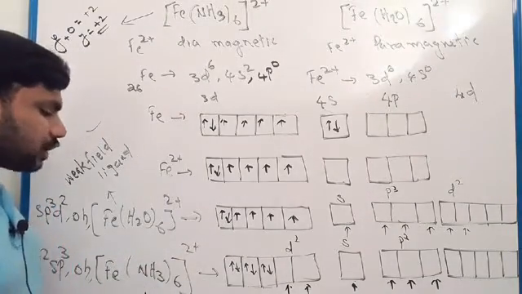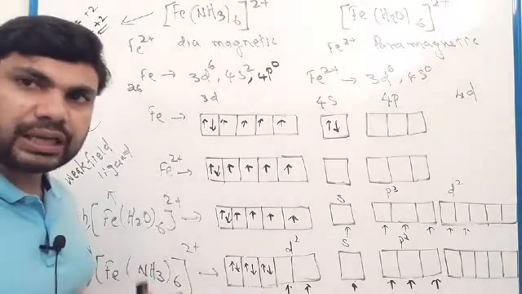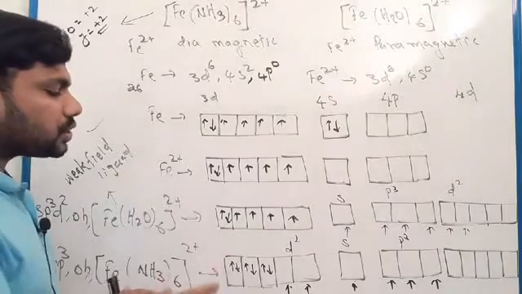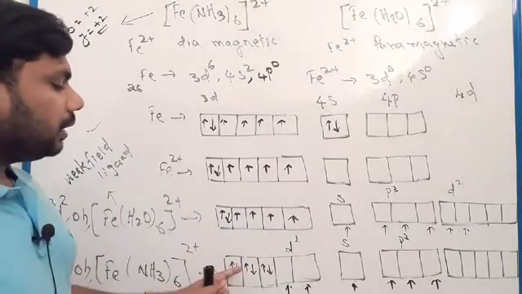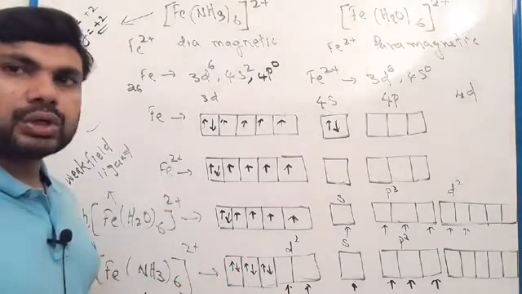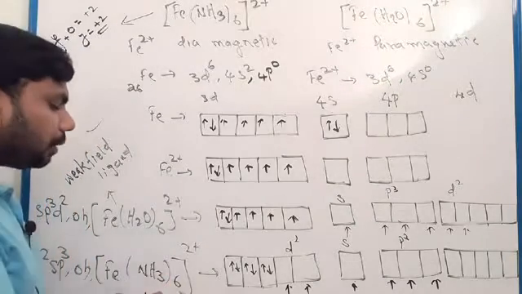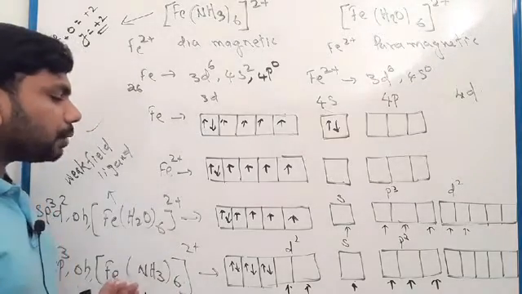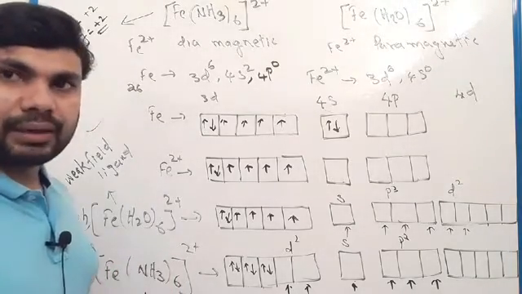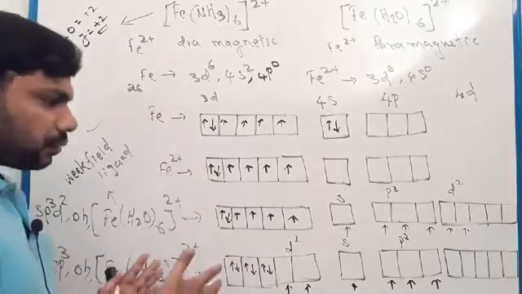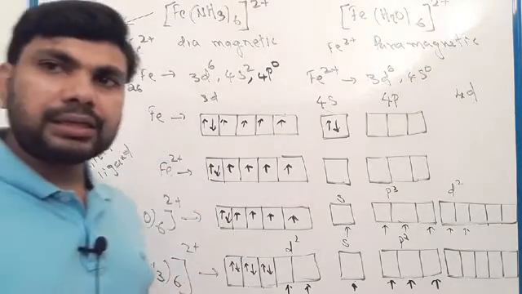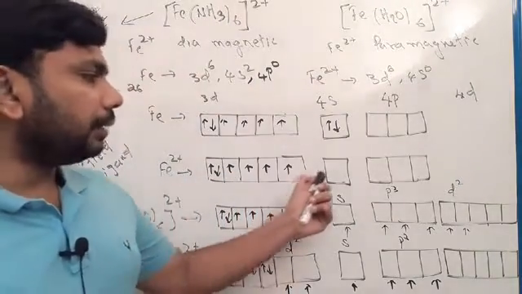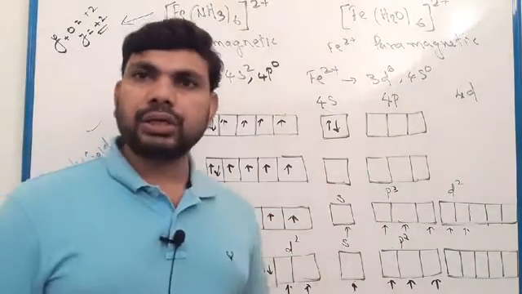But NH3 is a strong field ligand and pairing occurs. Because of pairing, there are only paired electrons, so this coordination compound [Fe(NH3)6]2+ shows diamagnetic behavior. Based on this you can find paramagnetic and diamagnetic properties, and also their hybridization and structure.